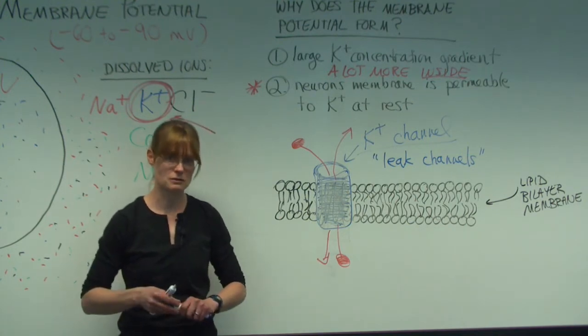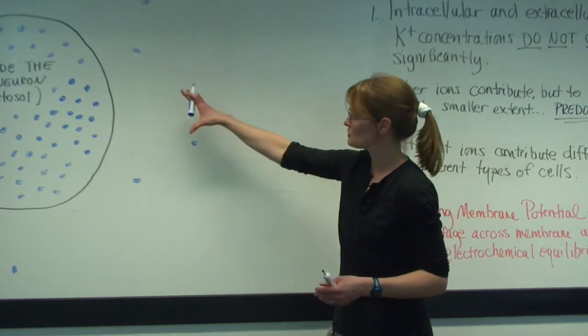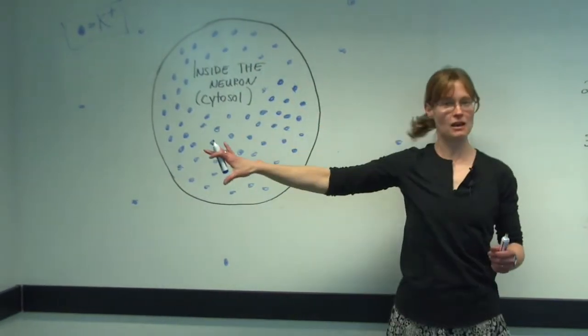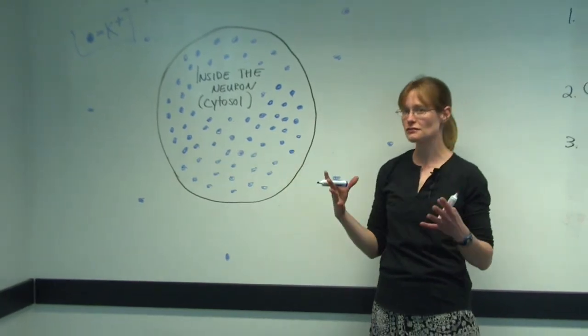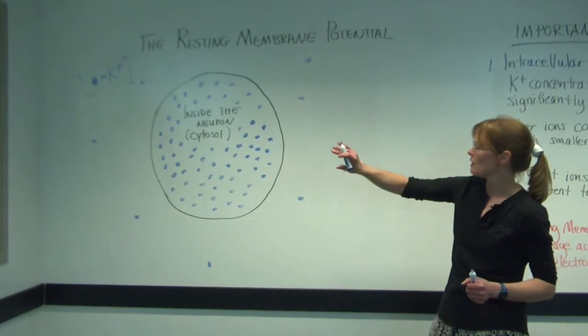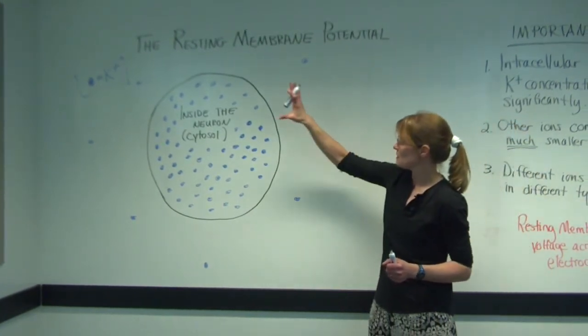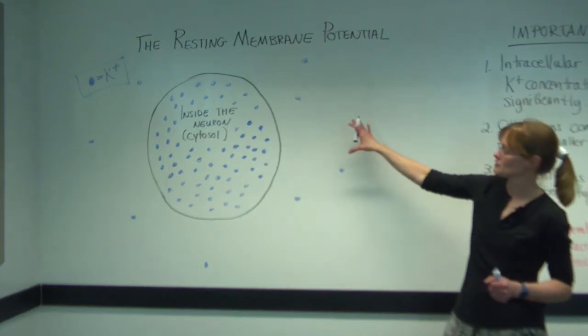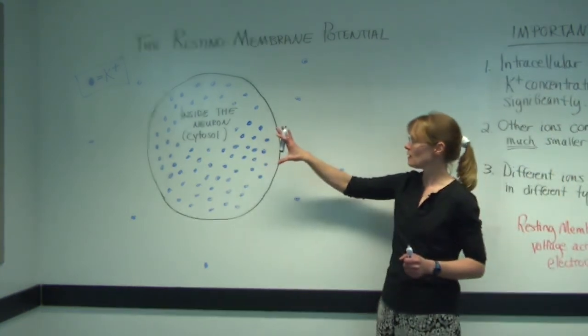And again, that's not really the case, or at least not to the same extent, with a lot of these other ions. Okay, so here's our cell. In this case, I erased all of the other ions just for simplicity's sake. So all we're looking at here is the intracellular and extracellular concentration of potassium ions.